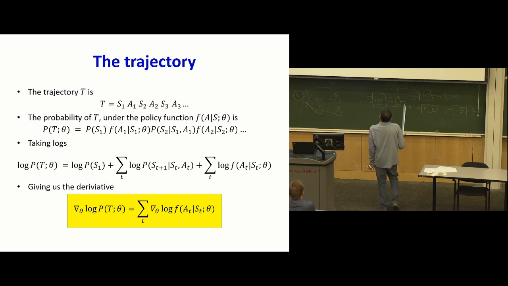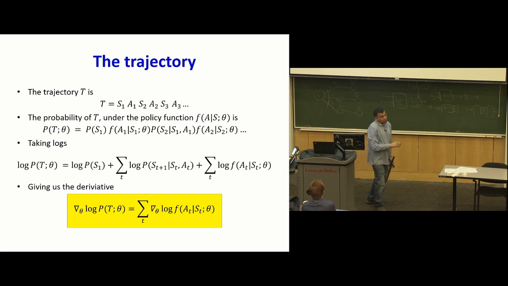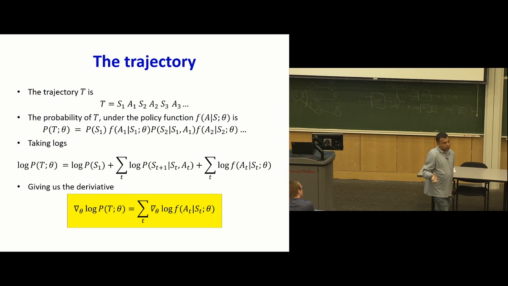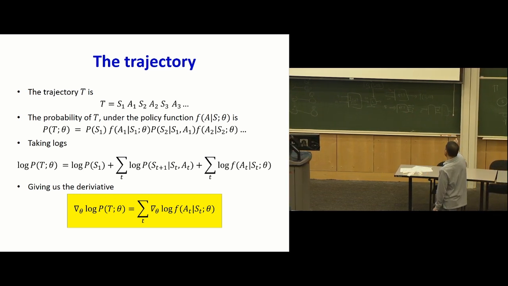So the probability of a trajectory is given up there: p of s1 times p of a1 given s1, which is just given by our function f, times p of s2 given s1 and a1, times p of a2 given s2, which is also given by our function f. If I take a log of that, I end up with two terms.